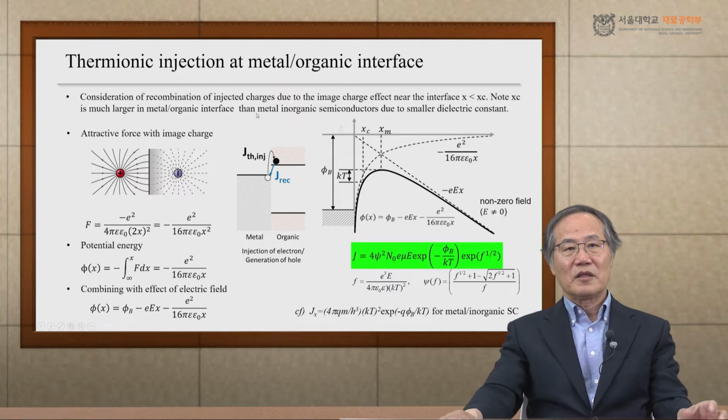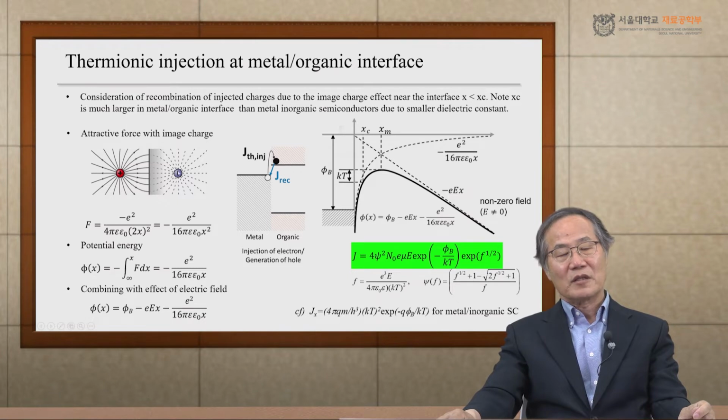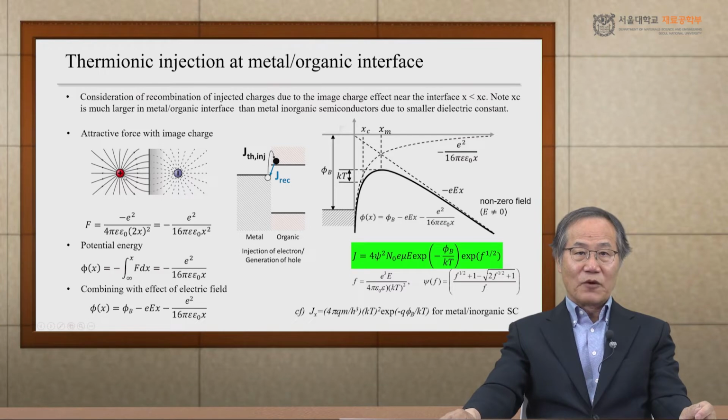But in this case also, the thermionic emission equations for inorganic semiconductors must be modified to apply to metal-organic interfaces, because the dielectric constant of an organic semiconductor is much smaller than that of inorganic semiconductors. If you inject charges from metal into these semiconductors, there is a mirror: image charges are formed and they attract each other.